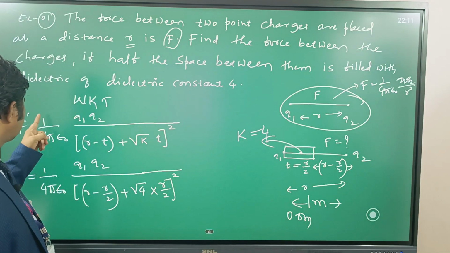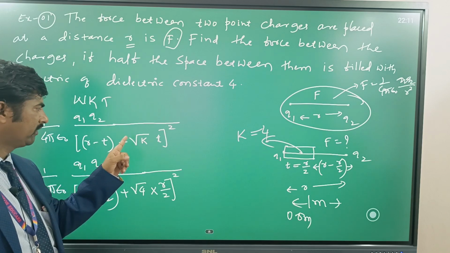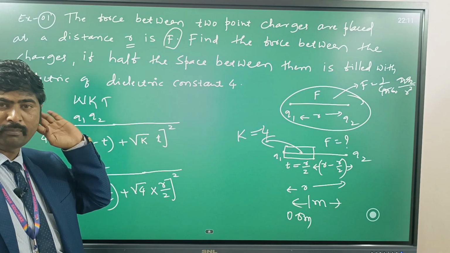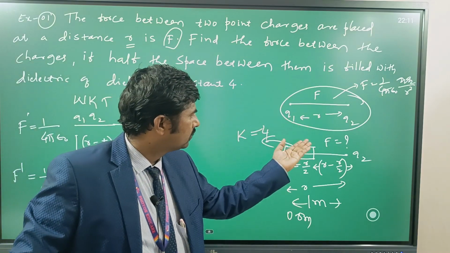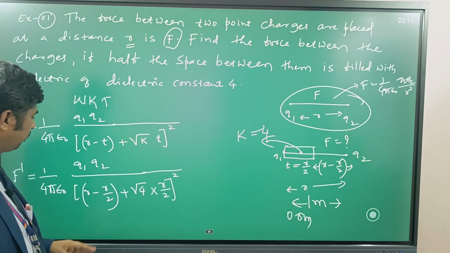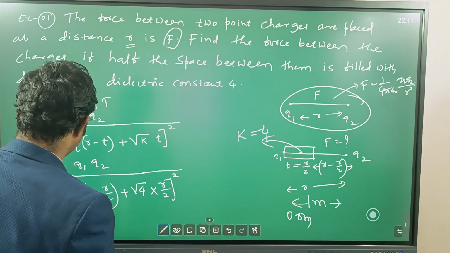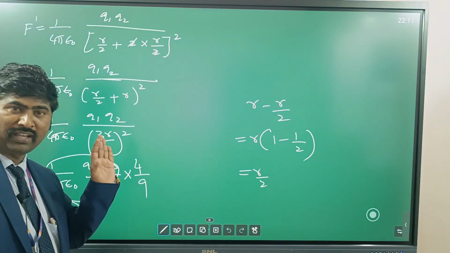So F dash is equal to 1 by 4 pi epsilon naught, q1 q2 divided by r minus t plus square root of k t, whole to the power 2. And the t value we have taken as r by 2, then we have substituted, and ultimately we have got the force value as F dash is equal to 4 by 9 F. I hope you understood this. Are you clear? Okay.